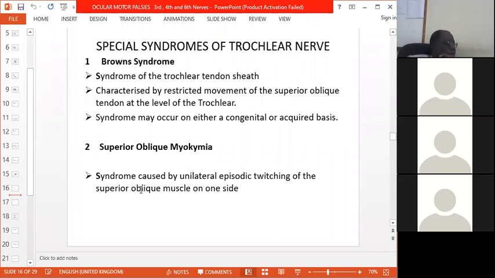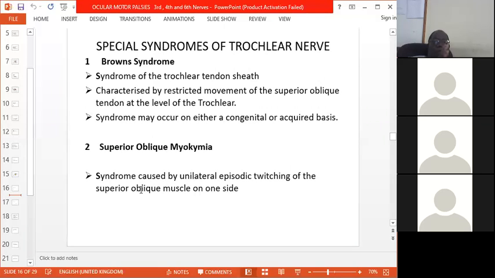The trochlear nerve supplies the superior oblique muscle, so there is restricted movement of the superior oblique at the level of the trochlea. The syndrome may occur on either a congenital or acquired basis. So that's Brown's syndrome.